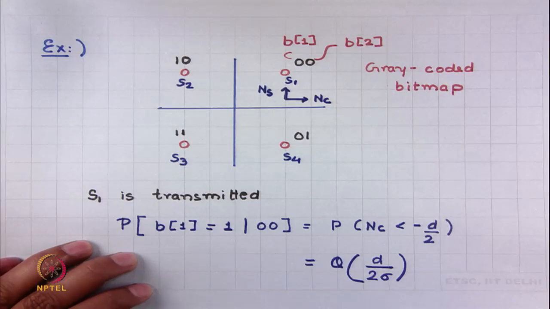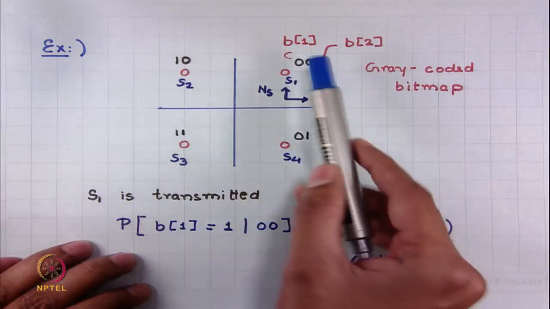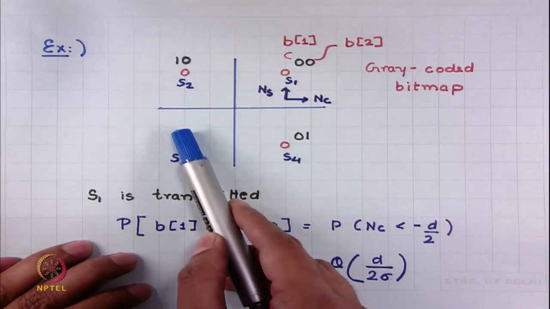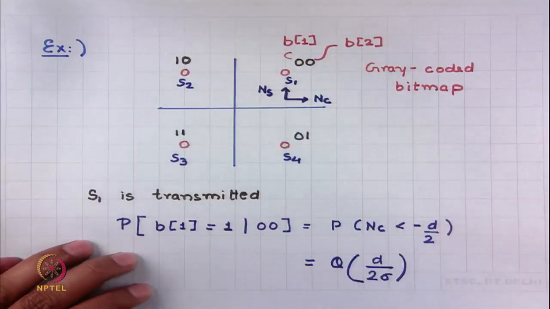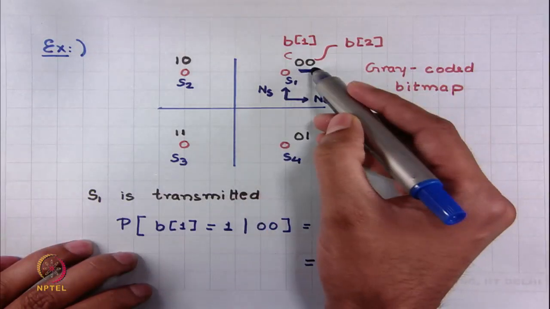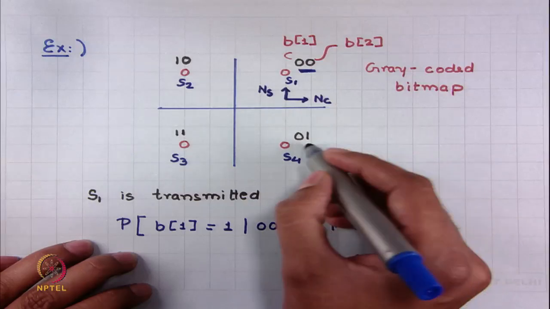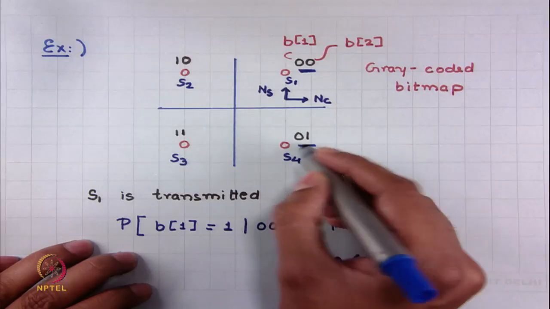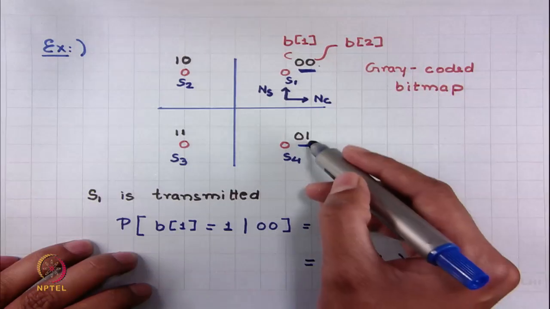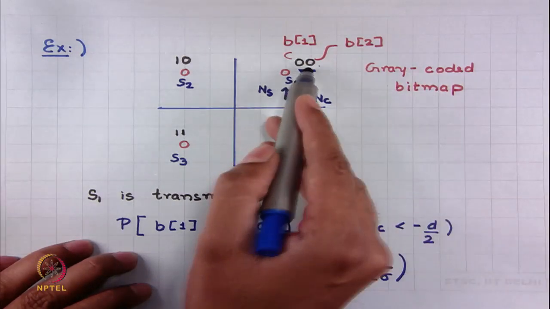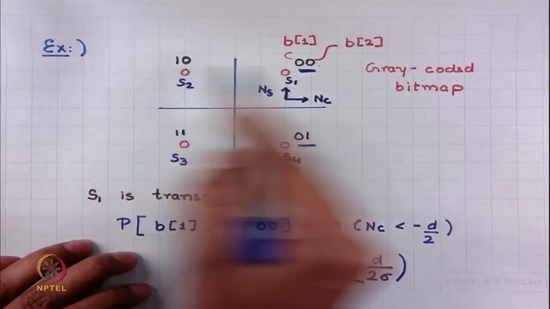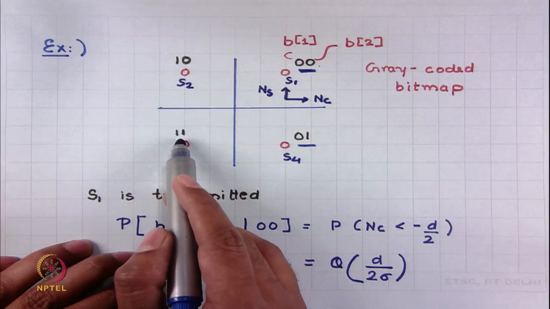And what you can also notice is that there is only a 1 bit difference between the bits of the neighboring symbols. For example, this differs only by 1 bit if you compare this with this. Okay. If you compare this with this, there is only a 1 bit difference. If you compare this with this, of course, there is a 2 bit difference.